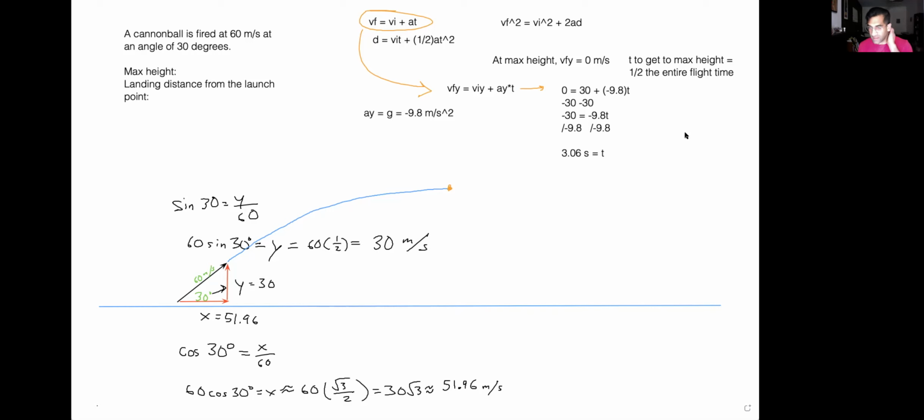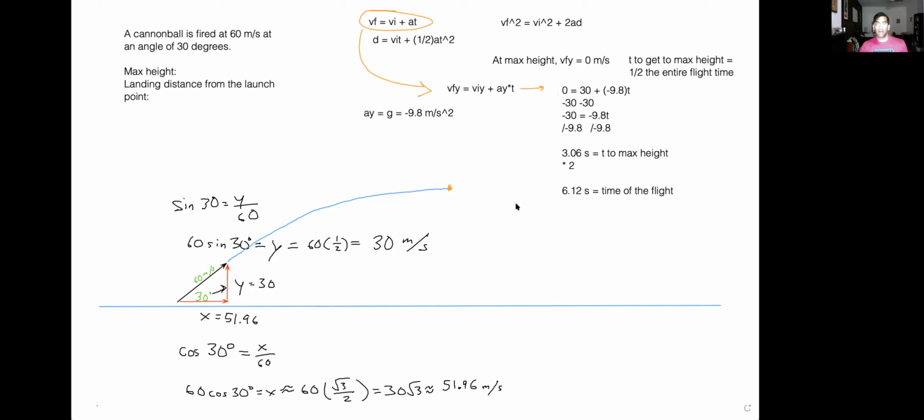That means that the time it took to get to its maximum height is half of the time of its total flight. So if this 3.06 represents the time to the maximum height, I can multiply it by 2, and I can say that 6.12 seconds is the time of the flight.